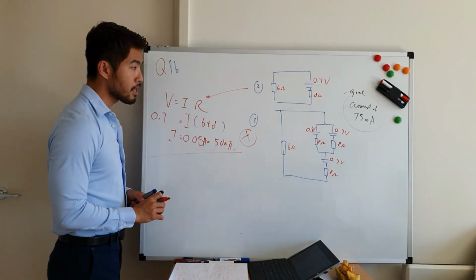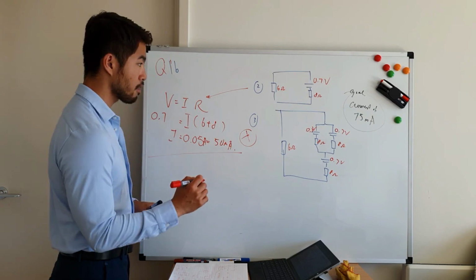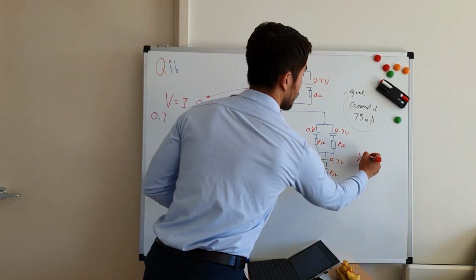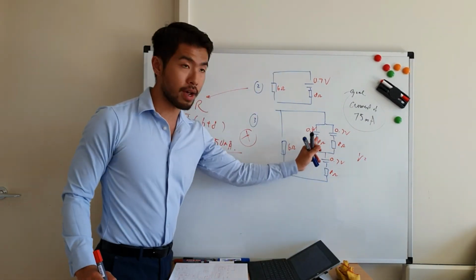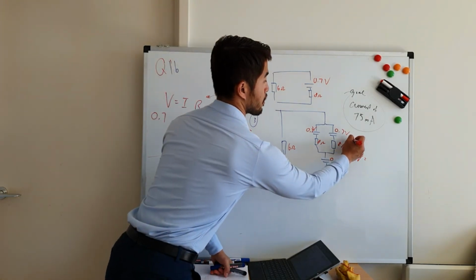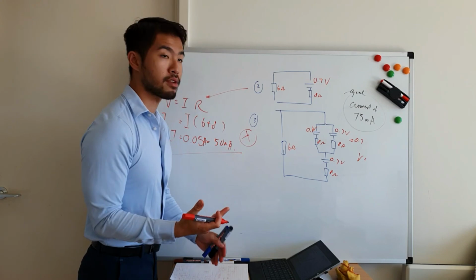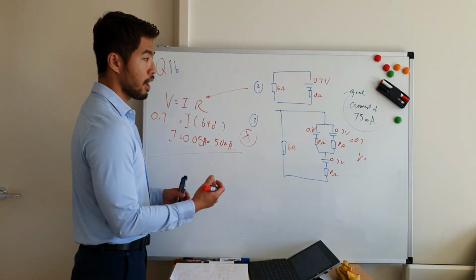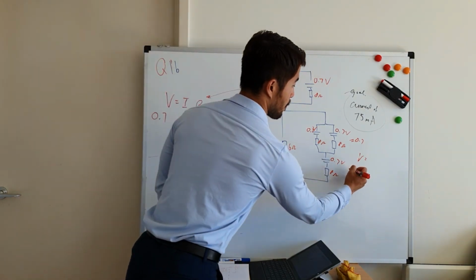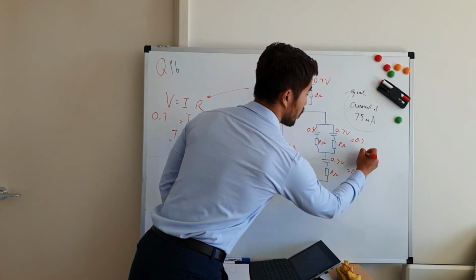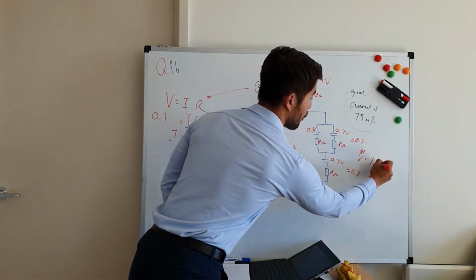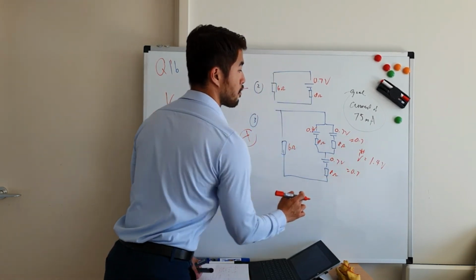The second one. Let's look at the total V here. These two are in parallel, so this is going to give us 0.7, because each branch gives 0.7. It's not added together, and this is going to be 0.7 as well. So total V is going to be 1.4, because it's 0.7 plus 0.7.